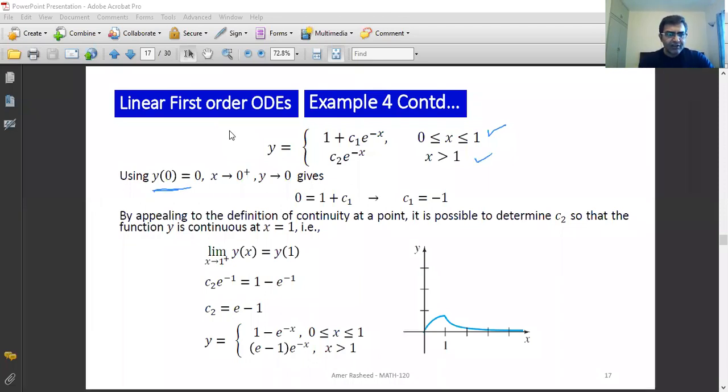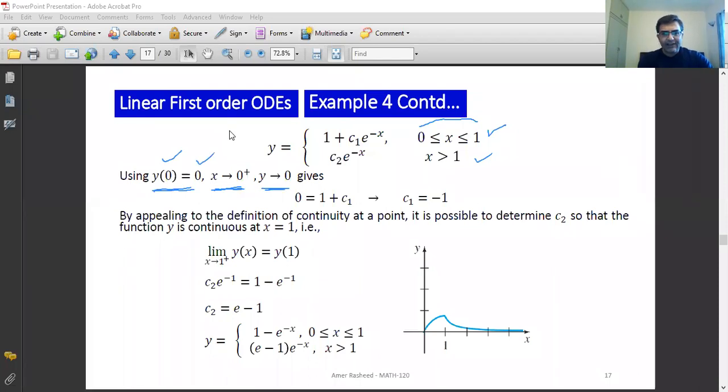Now using the initial condition, because the solution is defined only between 0 and 1, for x less than 0 we do not know what is the type of solution, or the differential equation is not defined. So we can only apply the right hand limit here. When x goes to plus 0, y goes to 0, according to this initial condition.